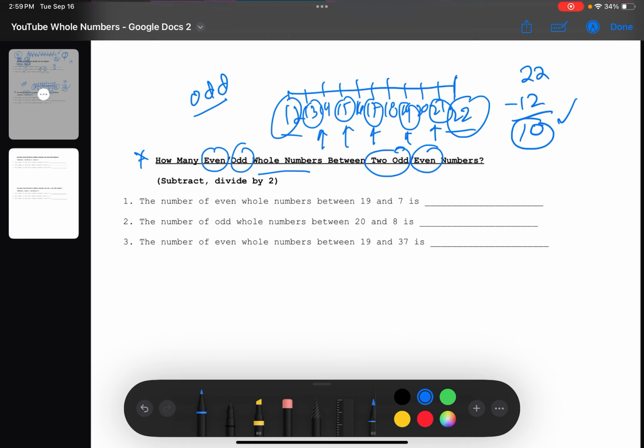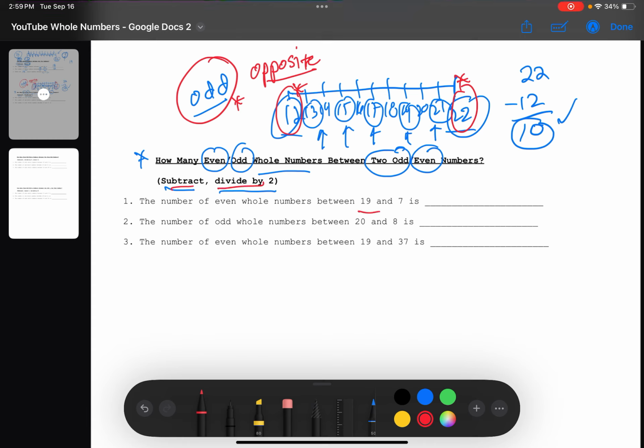So what we need to do is subtract, and then divide by 2, only if they're asking for odd and there are 2 endpoints that are even. So what I like to say is that they're opposites. So if this is odd, and these 2 are even, then we subtract and divide by 2.